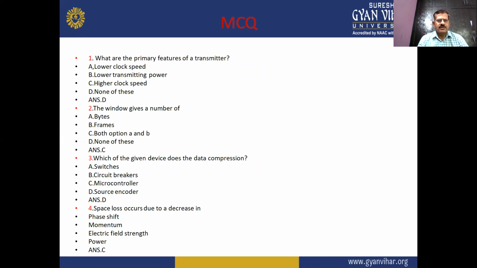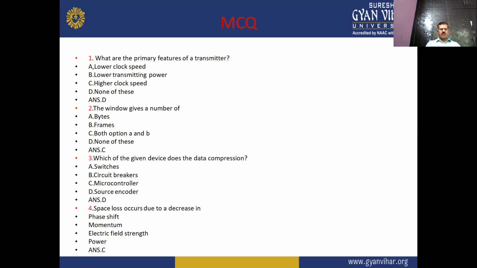Question first: what are the primary features of a transmitter? Option A, lower clock speeds. Option B, lower transmitting power. Option C, higher clock speeds. Option D, none of these.